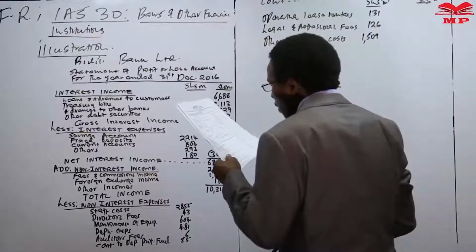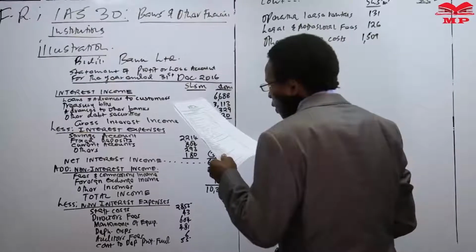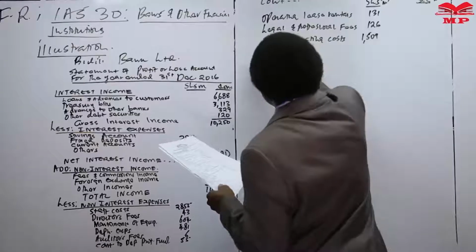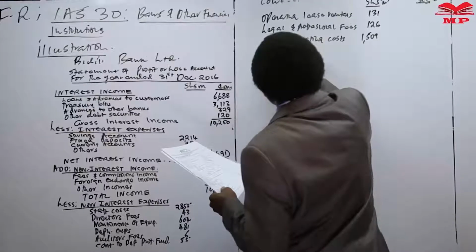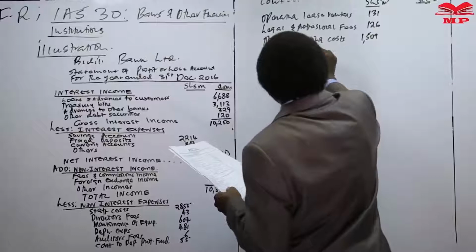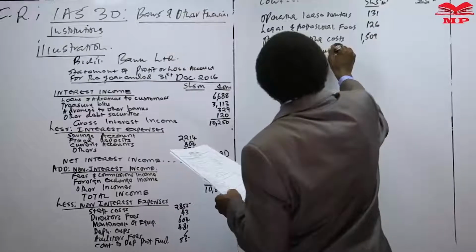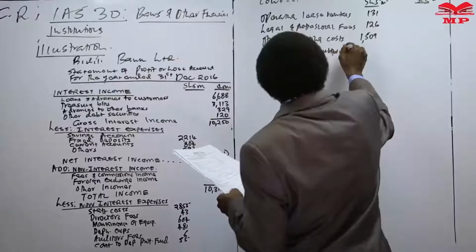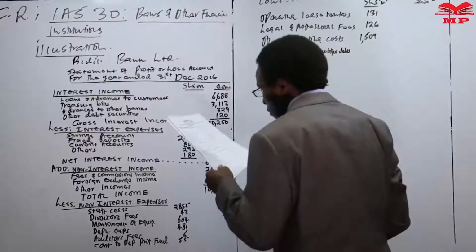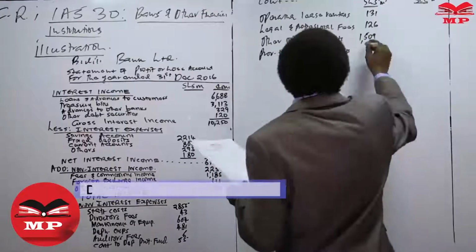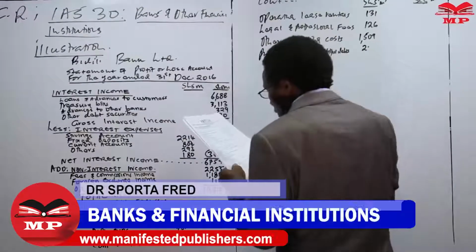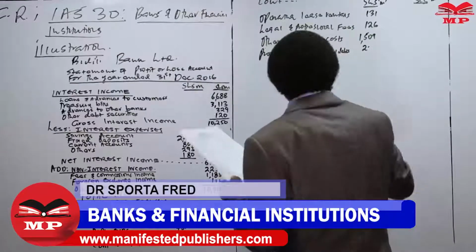Then there is provision for bad and doubtful debts. Is 258.